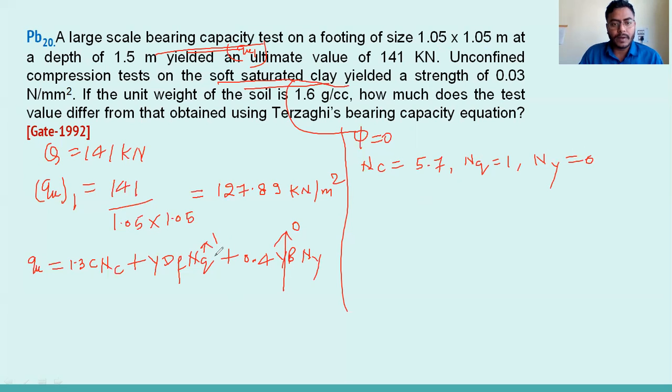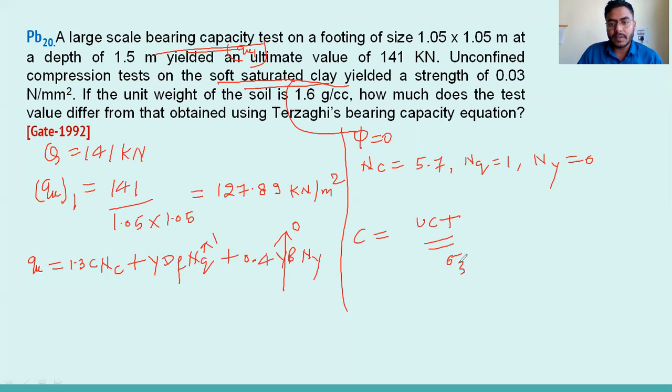So we have Nc, we have the depth of foundation, but we do not have the value of c, and the unit weight of soil is given. So just convert to a single unit. How can we get the value of c? To get c, they have performed the unconfined compression test, UCT.